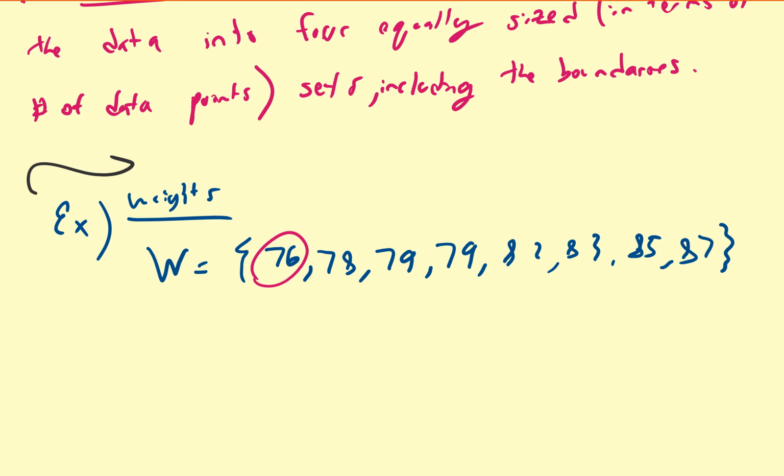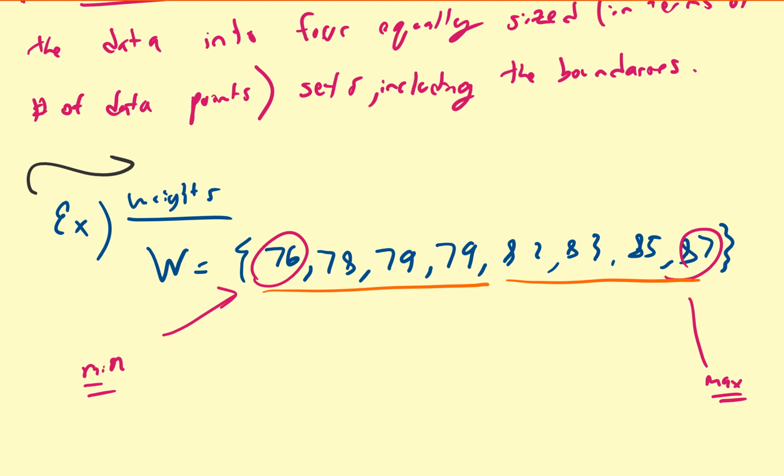Firstly, 76 is equal to the minimum of this data set, and 87 is the maximum. Also, you may be able to determine on your own that the number of data points in this set is even. Therefore, the median is going to be the average of these middle two values.